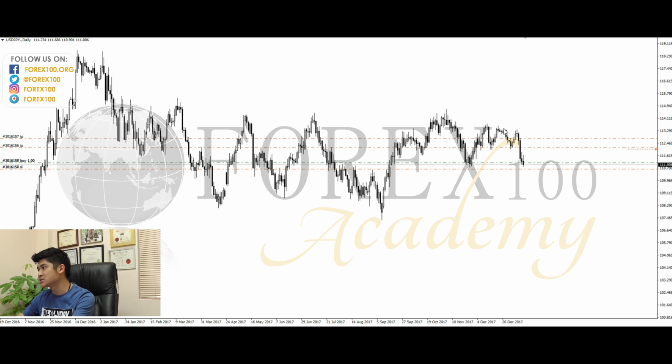So I will consider this quite a sideways movement until this low on the daily chart is broken below and closed below. If it breaks below and closes below this price, then the market has shown that dollar yen is on a bearish move. If not, it is still considered sideways.